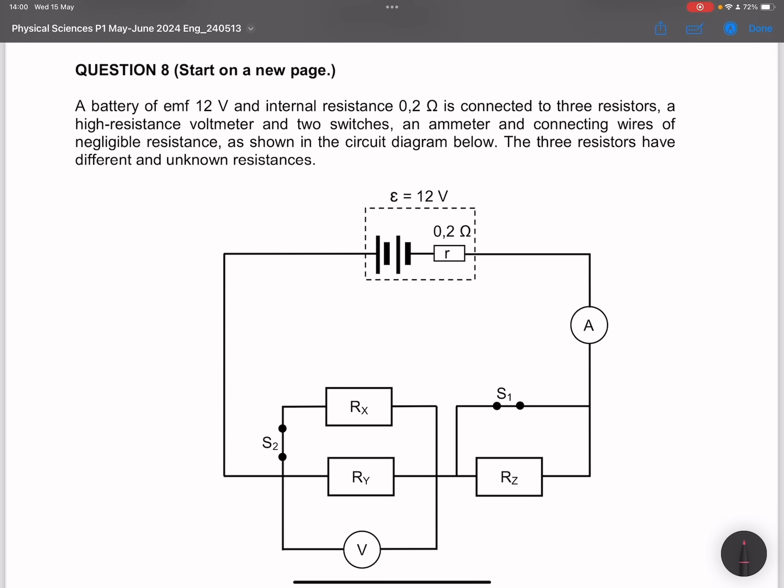The 3 resistors have different and unknown resistances, so that's very important: the resistors are different from each other.